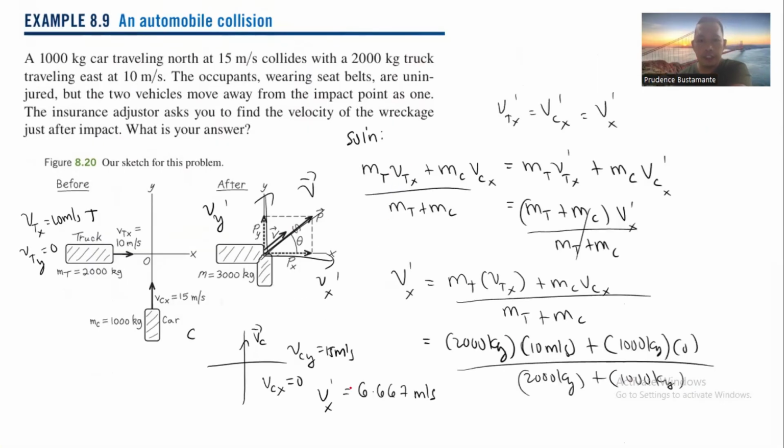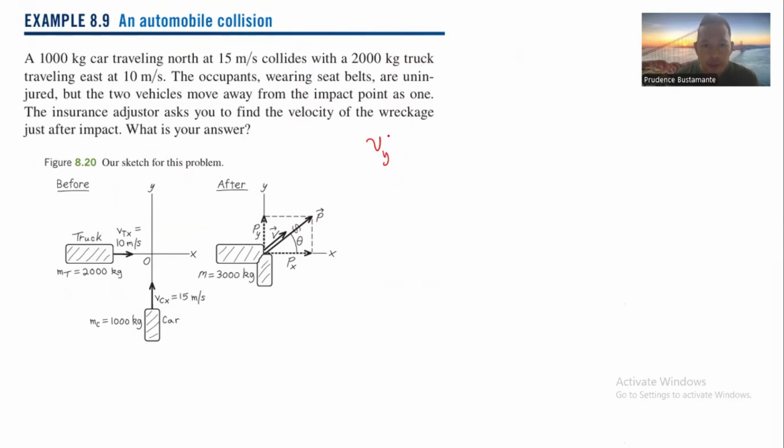So for the y component, we have already done x, so now Vy prime. For the y component, we have the mass of the truck times the velocity of the truck along y, plus the mass of the car times the velocity of the car along y, equal to the mass of the truck times the velocity of the truck along y prime, plus the mass of the car times the velocity of the car along y prime.